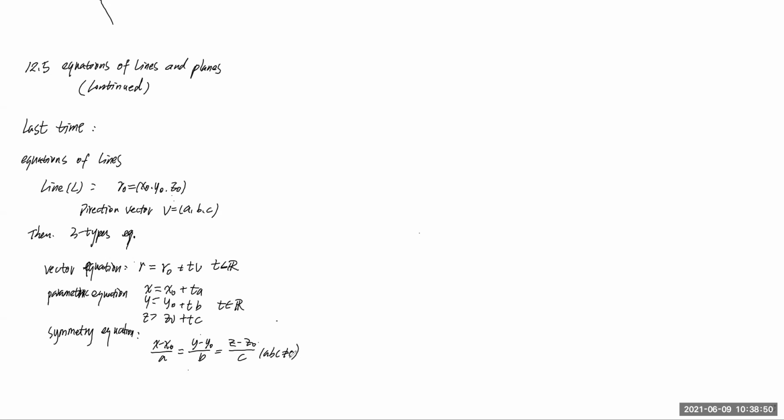Like I said, if a is zero, then we have x is always x naught, y minus y naught over b, z minus z naught over c, where b, c are not zero.